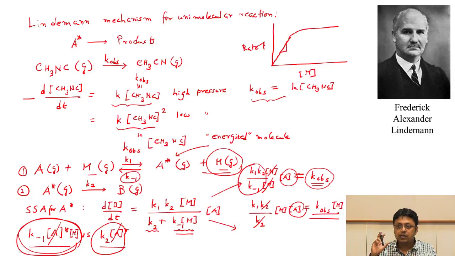So it is controlling this activation and deactivation procedure of the A star without directly taking part in the reaction, because in the reactive path all the A star forms the product, which is the part 2 here. So that's how the kinetics of the unimolecular reactions was explained by Lindemann.